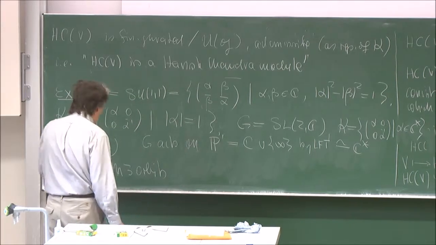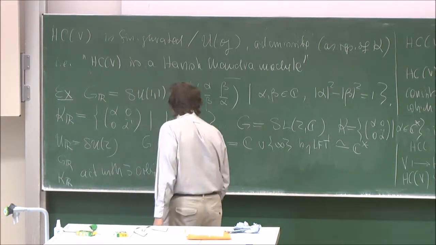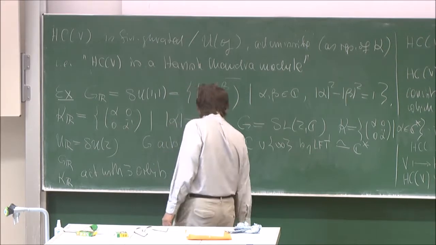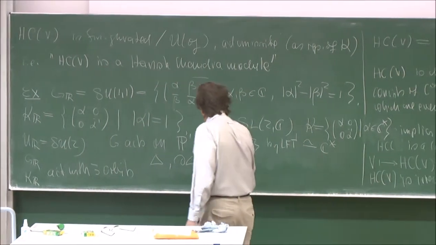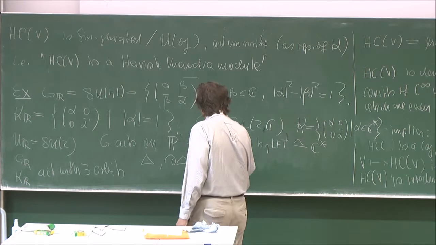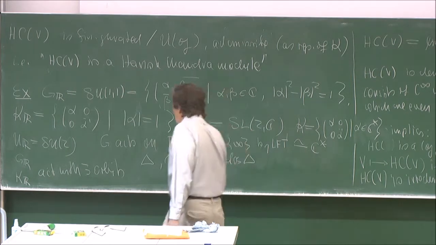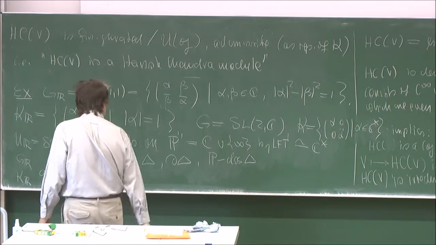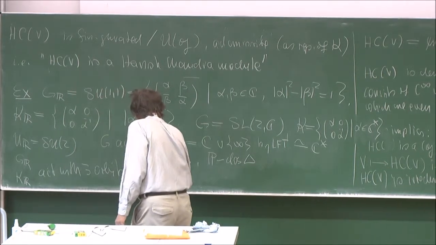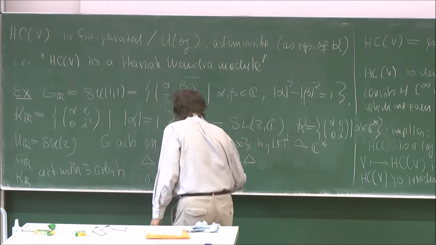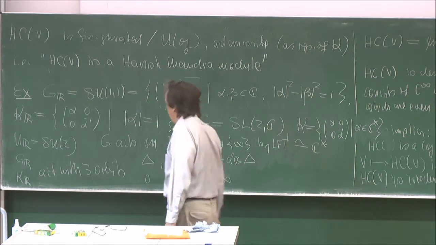In the case of G_R, those 3 orbits are the unit disk, the boundary of the unit disk in C, and the complement of the closure of the unit disk. And K_R acts with orbits 0, C star, and the point at infinity.